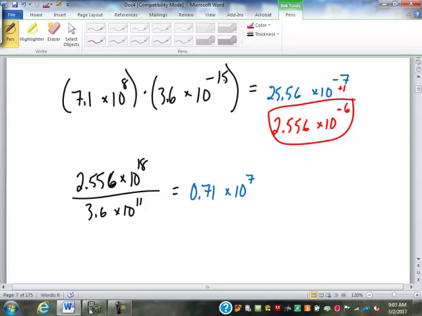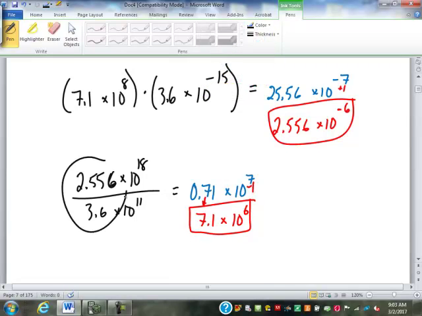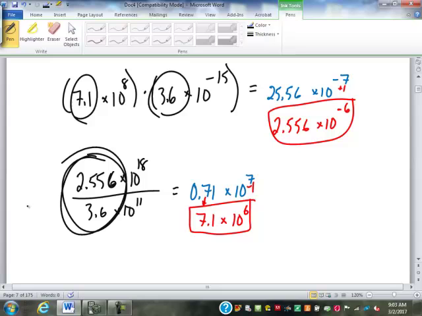Now, of course, this is not going to stay like this. It has to become 7.1. Number got larger, power gets smaller, so it's 10 to the 6th. So we divided those. Just like the numbers get multiplied here, numbers get divided here.